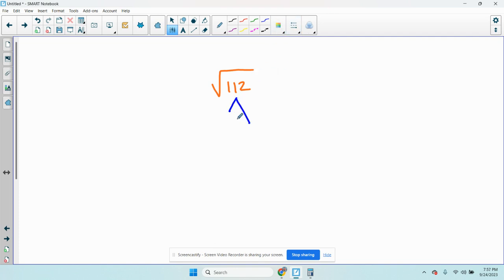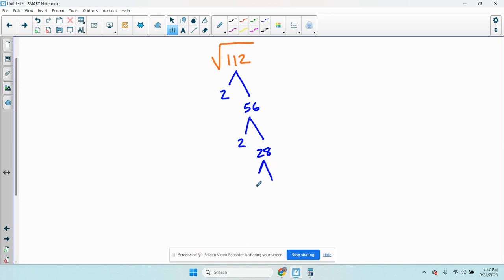I can write 112 as 2 times 56. 56 I can write as 2 times 28. These don't always have to be 2's. If it isn't even, you could see if a 3 comes out, or a 5, any prime number. 28 I can write as 2 times 14, and 14 I can write as 2 times 7.